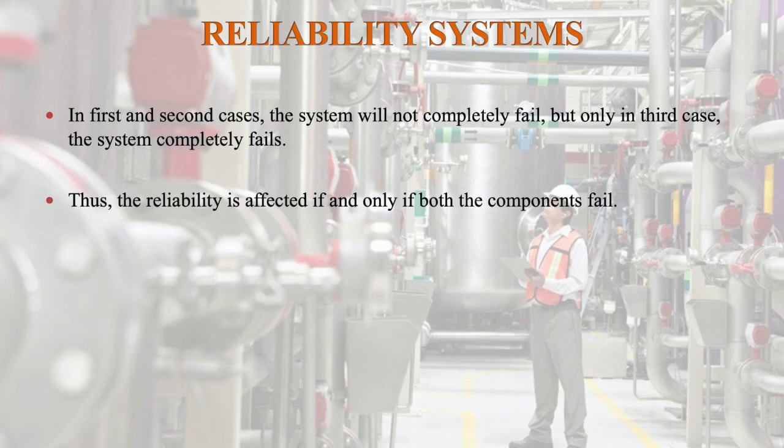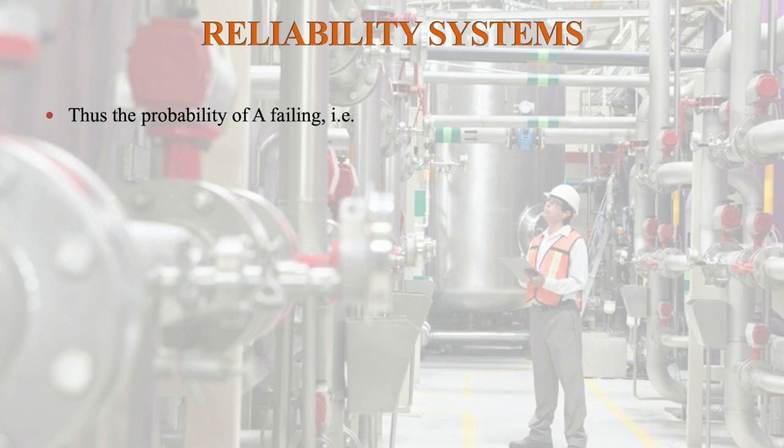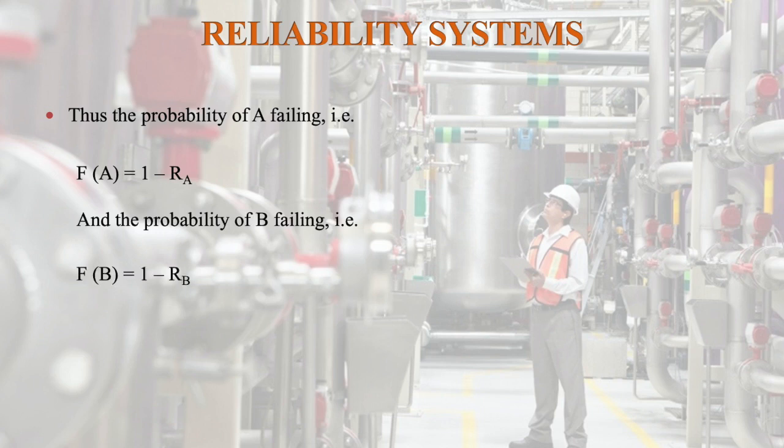Thus the reliability is affected if and only if both the components fail. The probability of A failing is FA, equal to 1 minus RA, and the probability of B failing is FB, equal to 1 minus RB.